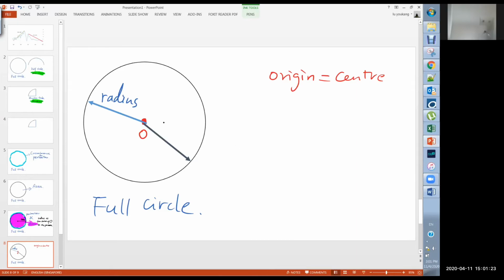Very good. So this is also my radius. As long as it is from the center of the circle to the perimeter, then that one must be your radius. Okay? Good.